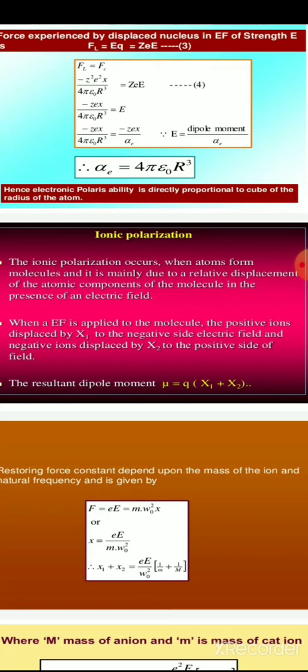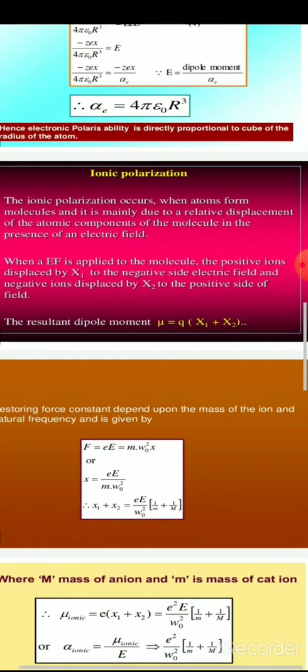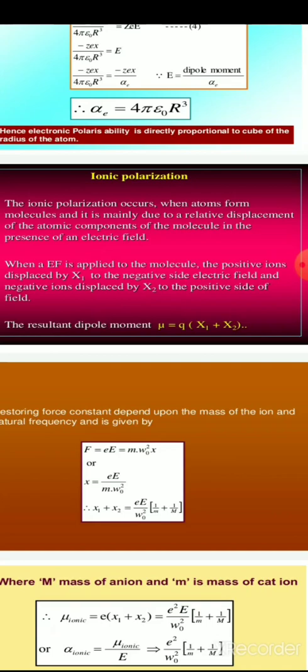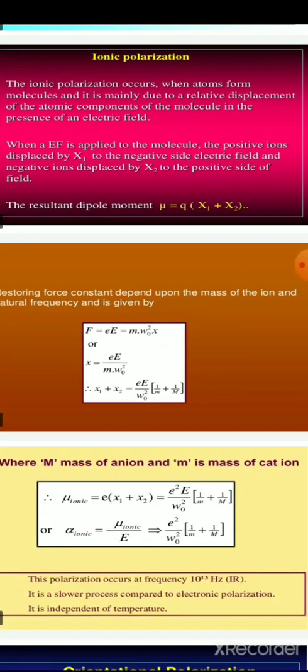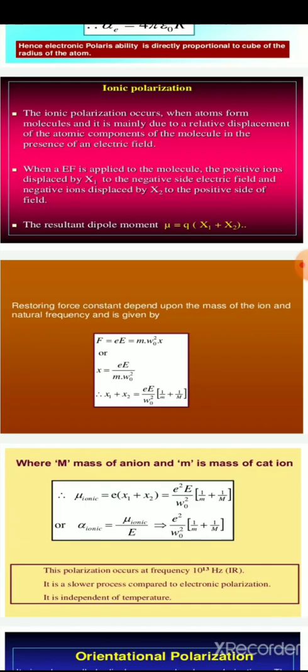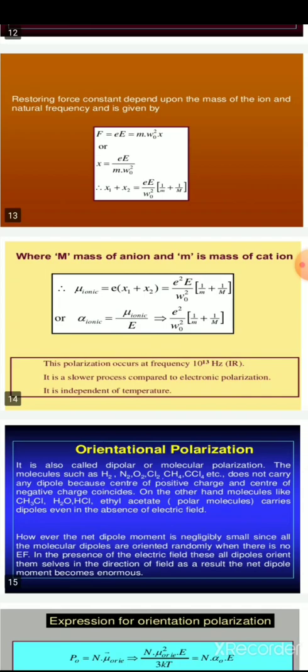Mass we have taken as small m or capital M, or we can take small m1 and small m2. x equals eE by m omega naught square. x1 plus x2 equals e into E by omega naught square into 1 by small m plus 1 by capital M, or we can take eE by omega naught square into 1 by m1 plus 1 by m2, where here I am considering only capital M and small m, where capital M is the mass of the anion and small m is the mass of the cation.